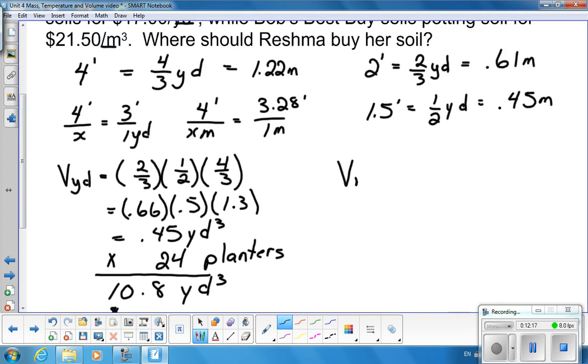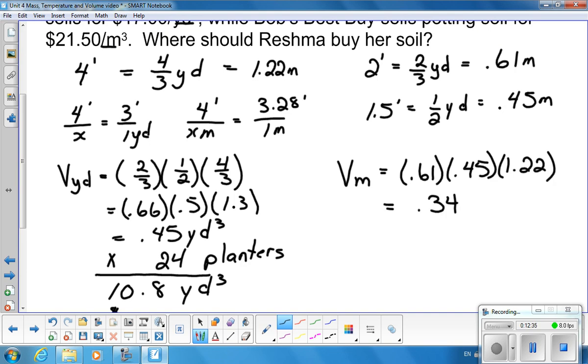The volume from Best Buy has to be calculated in cubic meters. So in cubic meters, I have 0.61 times 0.45 times 1.22. Volume for one planter then is 0.34 meters cubed.